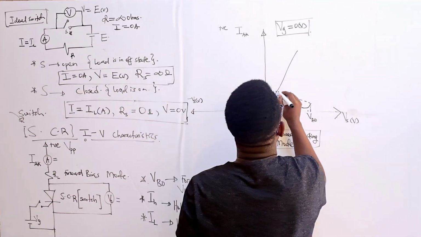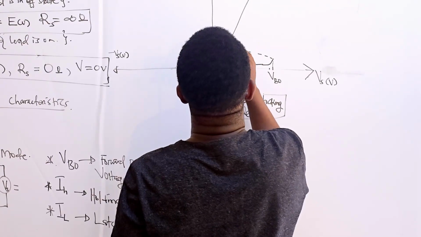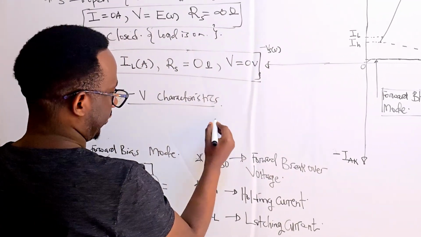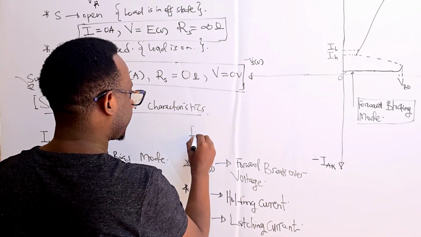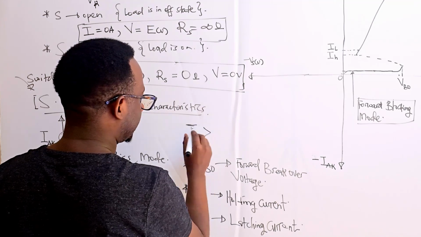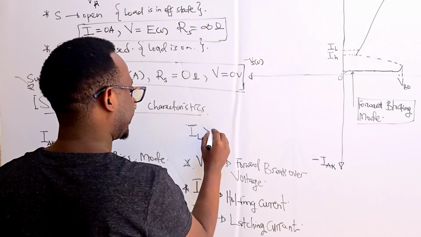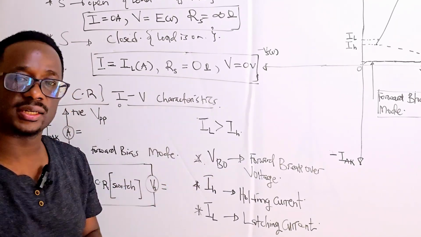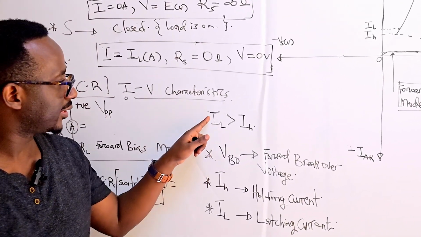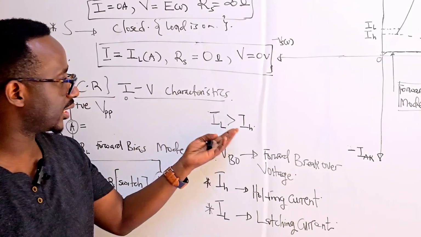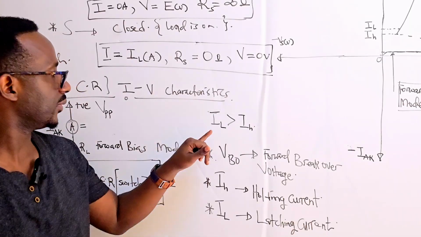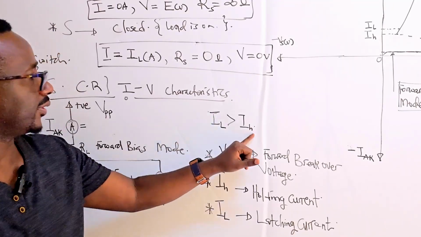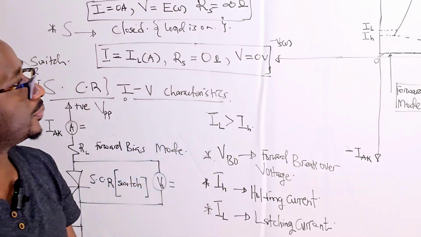It is not that much bigger than the holding current, though IL is slightly greater than IH. If we look at typical thyristors' data sheets, we will find that the latching current and the holding current are given parameters of that specific SCR. One is always bigger than the other.